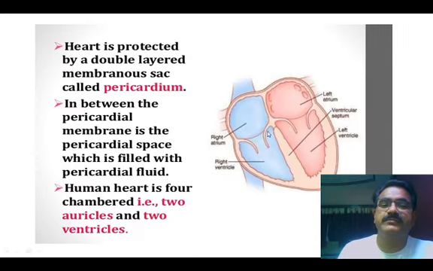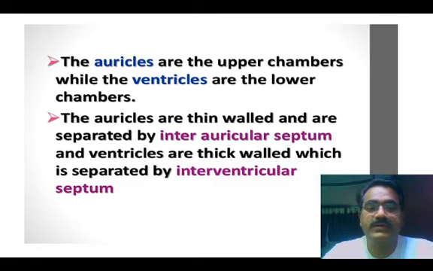The interauricular septum separates the right and left auricles, and the interventricular septum separates the right and left ventricles.